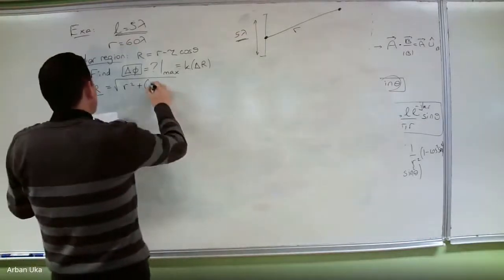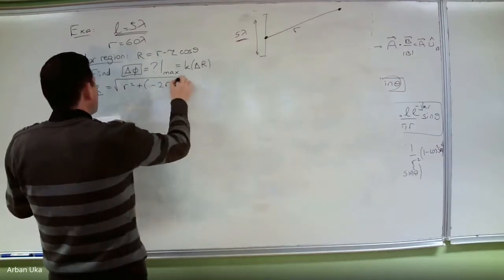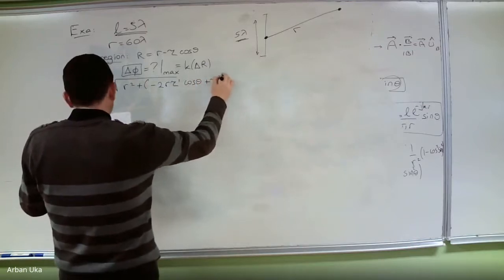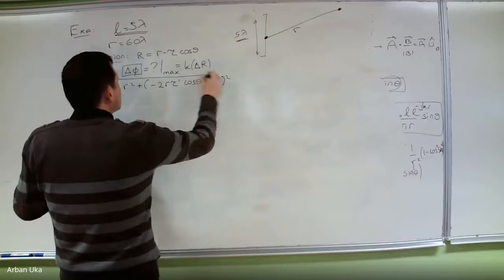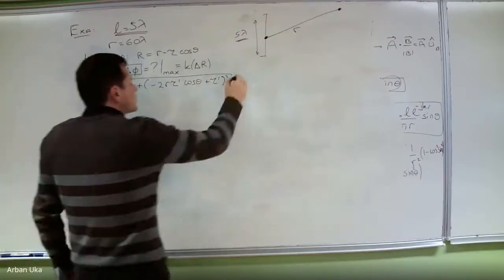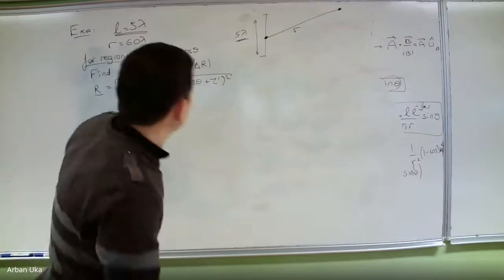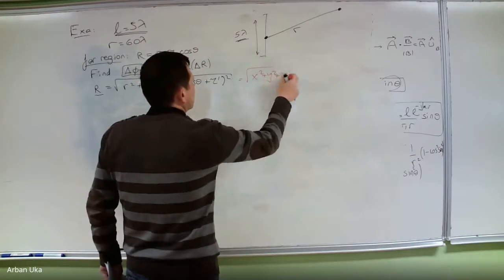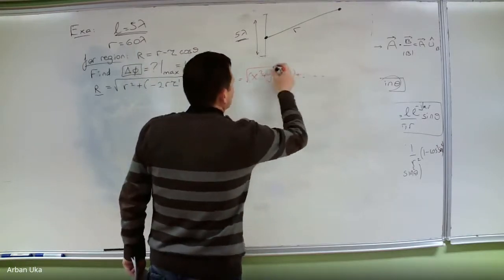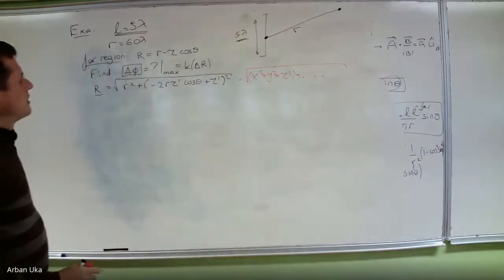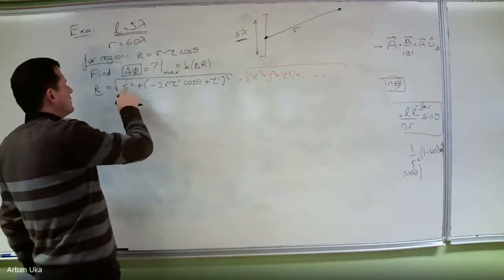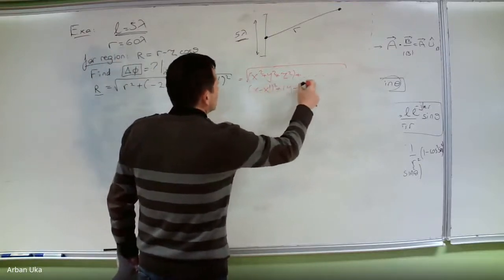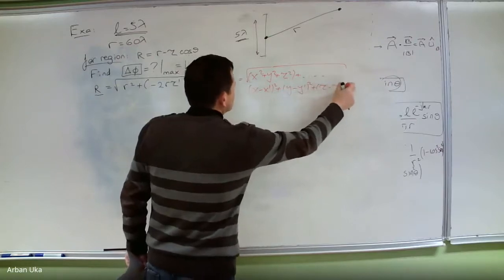Now, let's continue here. We have R squared minus 2R Z prime cosine theta plus Z prime all squared. So this expression, let's remember, was trying to rewrite again the expression which was the square root of x minus x prime squared plus y minus y prime squared plus z minus z prime squared.